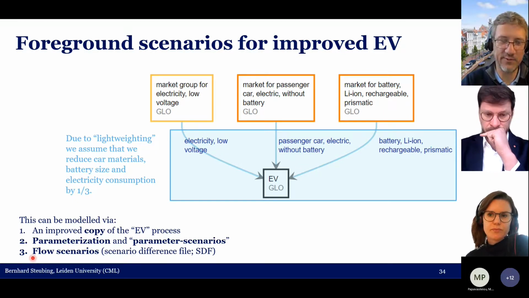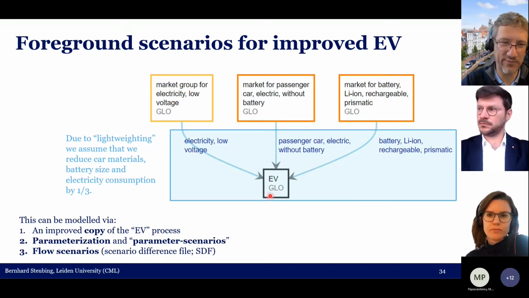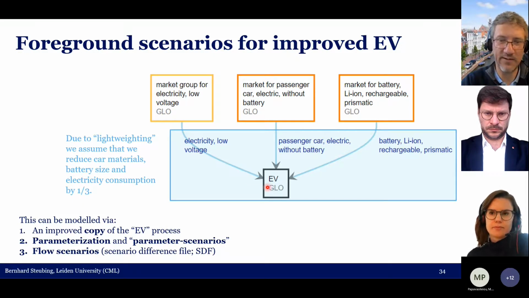Then I would also like to show you another concept, which is basically boiling down to changing the values in this process. I call that flow scenarios, making use of a file that we call a scenario difference file. That's a simple Excel file which identifies these three inputs to this process and can record as many other values for these three flows as you like.